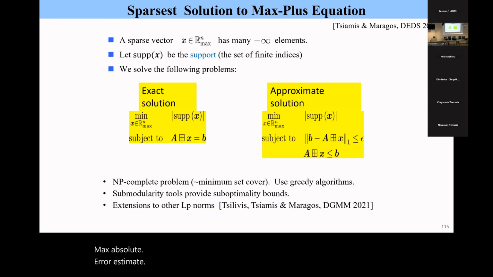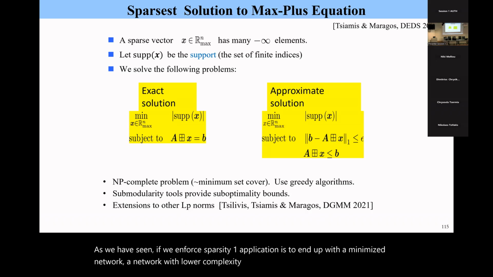Now, how can we go about achieving the same solutions, but enforcing sparsity? As we have seen, if we enforce sparsity, one application is to end up with a minimized network, a network with lower complexity, especially nowadays where networks have become so big.